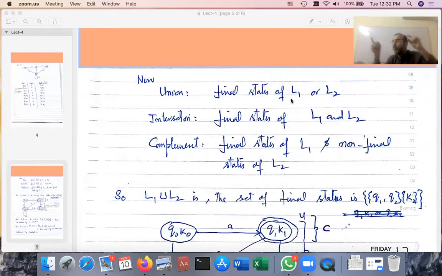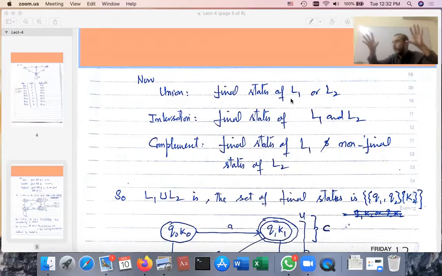So what you can do is simply keep the final states of L1 and also the final states of L2 as they are. You don't have to change the status of the final states in drawing.